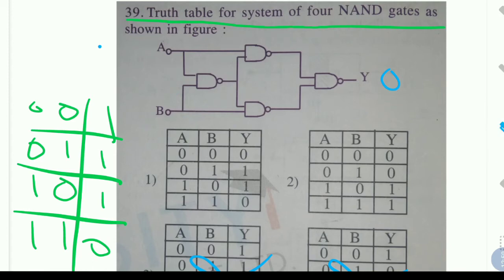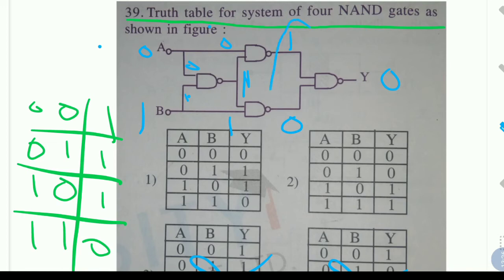Next 0 1, 0 1, 0 1. So 0 1 0 1 getting 1. So 0 1 1, 1 1 0 1.